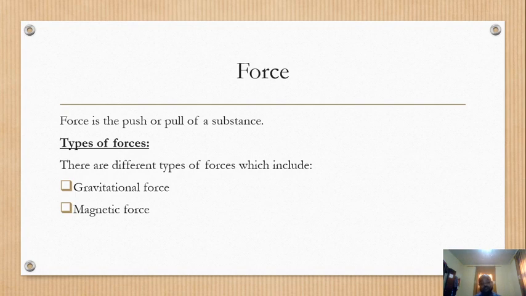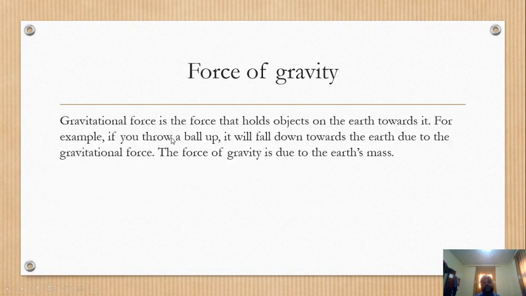Types of force. There are different types of force, which include gravitational force and magnetic force. We will only see these two in our discussion, but there are more than this. Force of gravity.